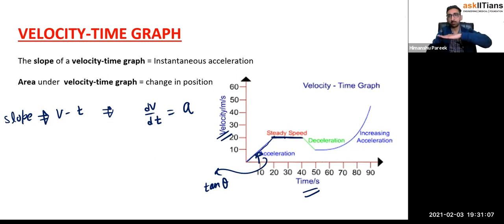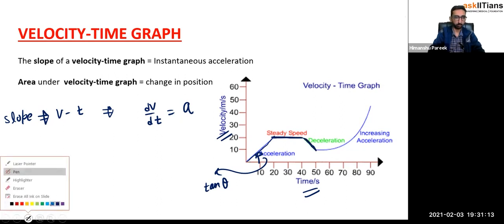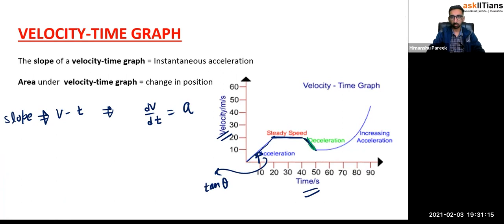There is no inclination with respect to the x-axis. For this green color graph, the velocity is decreasing. So that's a deceleration, a retardation case basically.